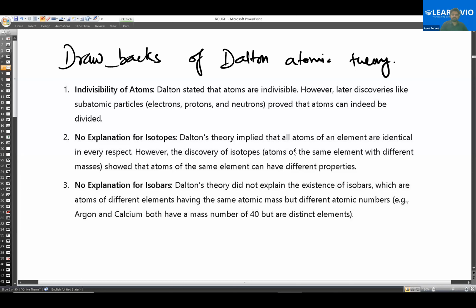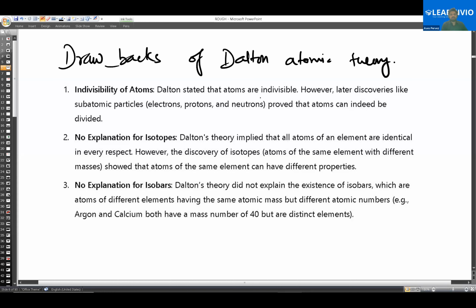Yes, you memorized. Bharti, memorized. So one minute. He said that the atom is indivisible, but we can break the atoms into subatomic particles. Second statement: no explanation for isotopes. He implied that all atoms of an element are identical in every aspect.